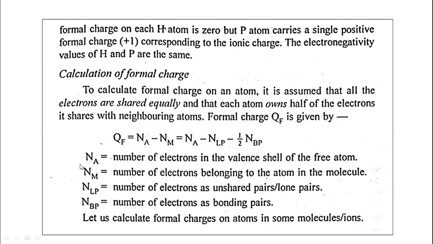To calculate the formal charge on an atom, it is assumed that all the electrons are shared equally and that each atom owns half of the electrons it shares with neighboring atoms. Now the formal charge is denoted by QF.